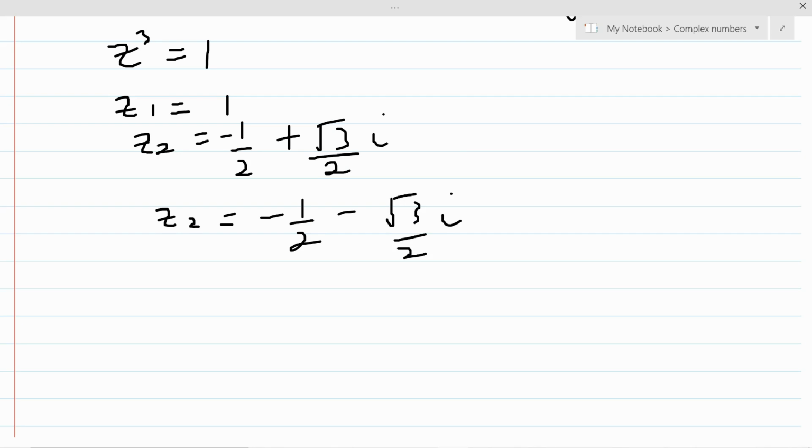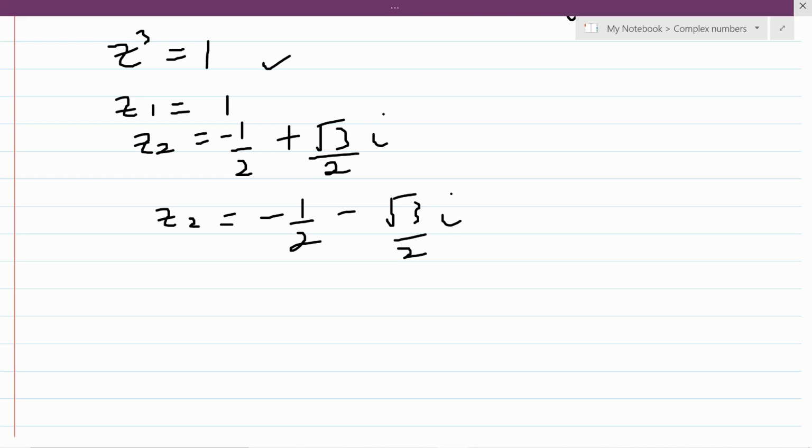So keep this in mind, and that is it for the solution of this question. That is how the explanation goes. Now let's look at something.